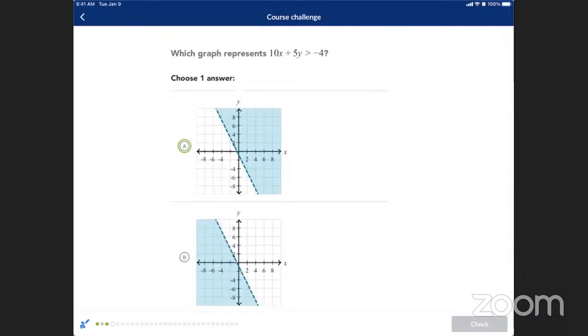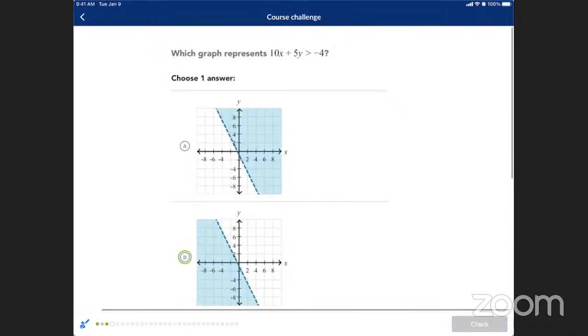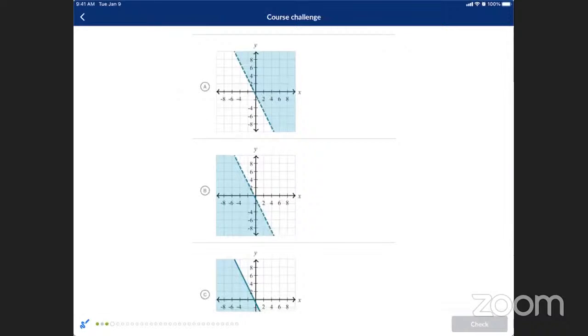So we're looking at negative 4. Greater than negative 4 would probably be something like this, because over here, this is bigger than negative 4. This one over here doesn't even hit negative 4.